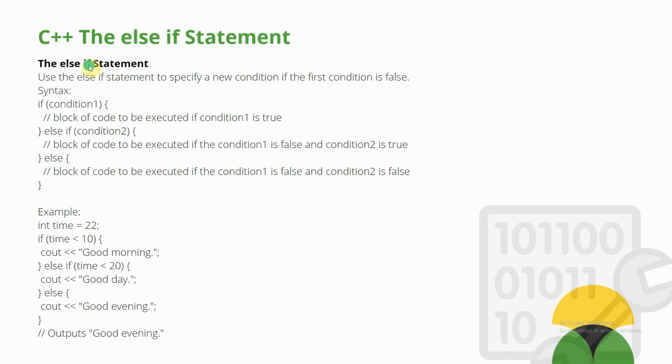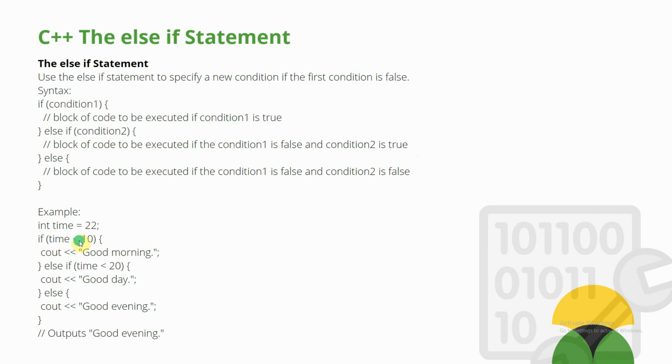So the else if statement, this is the syntax. It specifies a new condition if the first condition is false. So condition 1, if it's true, this will execute. Else if another condition, if the first one is false, then condition 2 is checked. This block of code will be executed if the second condition is true. And lastly, else: if the first two conditions are false, then this block of code will be executed. In this example, integer time is 22.